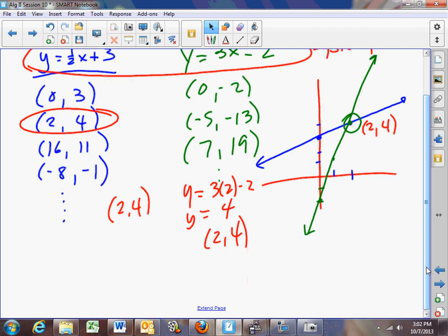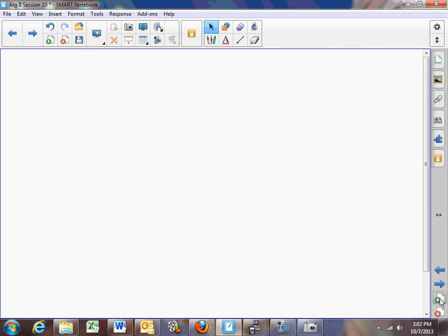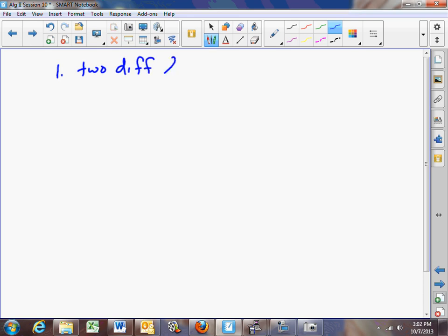Let's just go ahead and make a little chart on that. If we're talking linear systems here, the possibilities are: two different lines intersecting in one point.